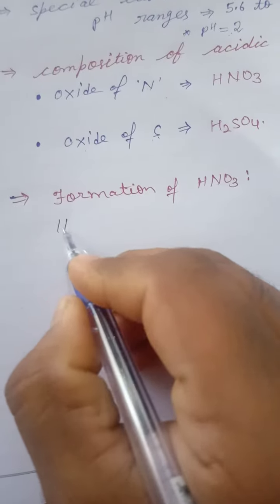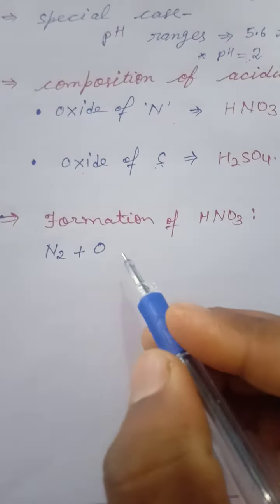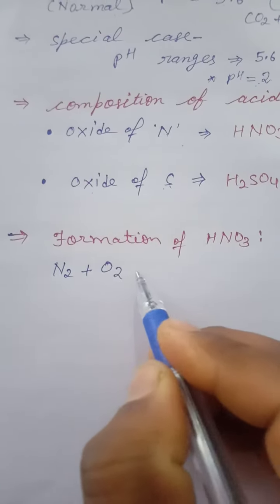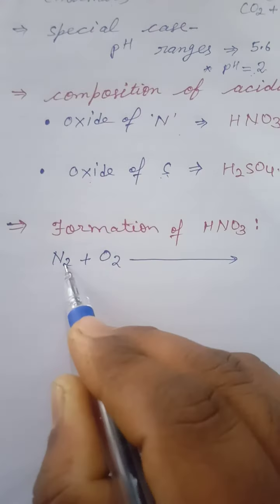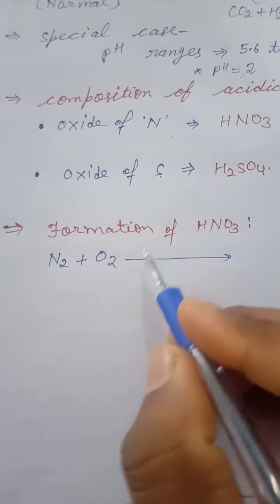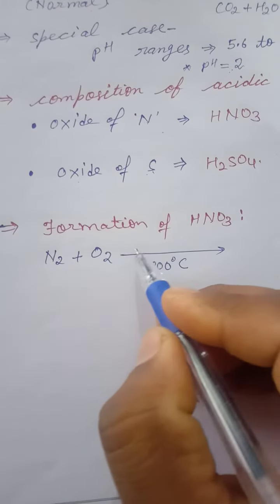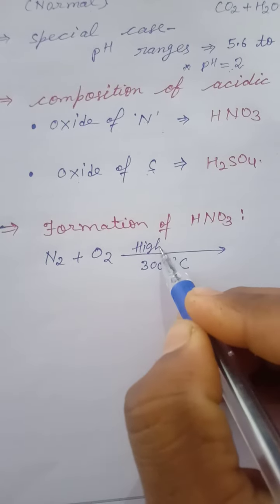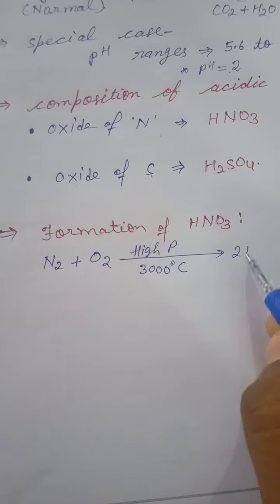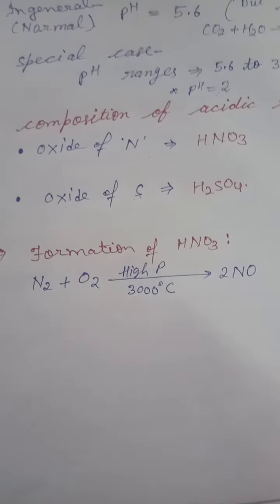Nitrogen in our environment reacts with oxygen, but since nitrogen is stable, the reaction takes place at 300 degrees Celsius and high pressure, and it converts into 2NO, nitrogen oxide.